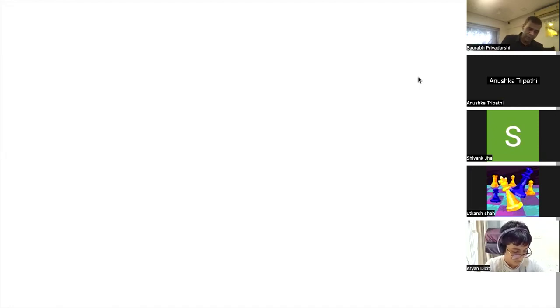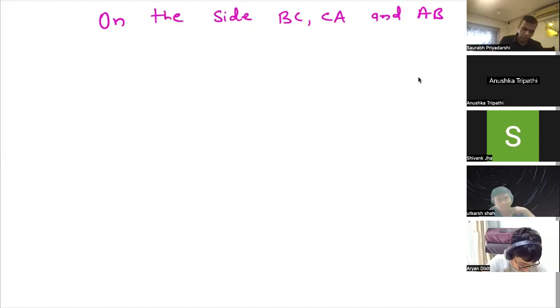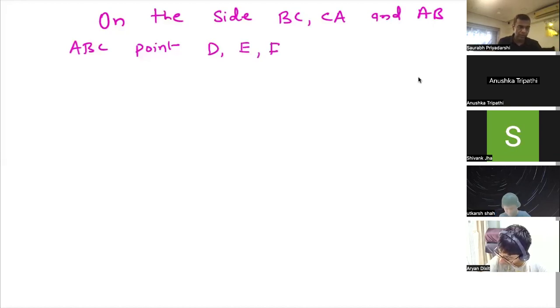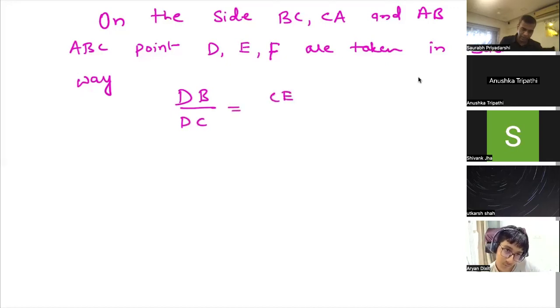So, on the sides BC, CA, and AB of triangle ABC, points D, E, F are taken in such a way that BD by BC is equal to CE by EA is equal to AF by FB is equal to 2.